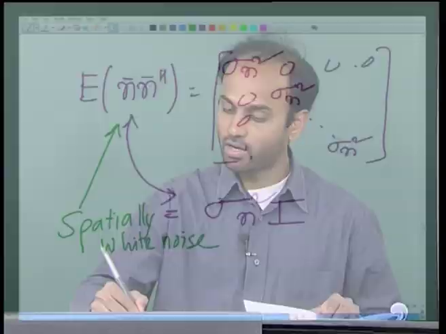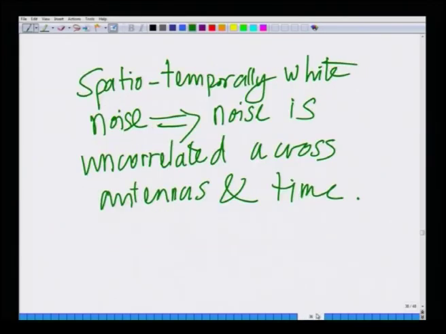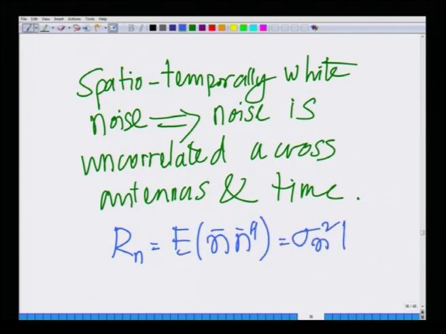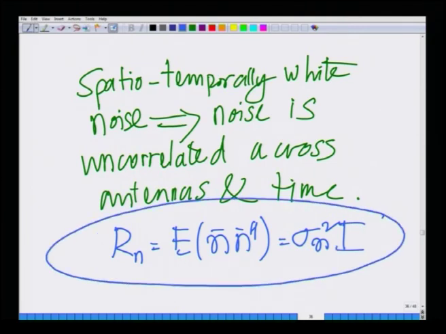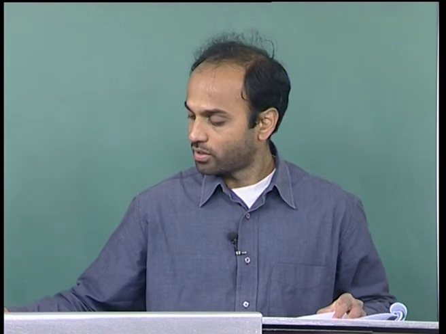We are going to denote this as R n, which is the covariance. Hence, R n equals expected n bar n bar Hermitian equals sigma n square I. This is the covariance matrix of the noise at the receiver.